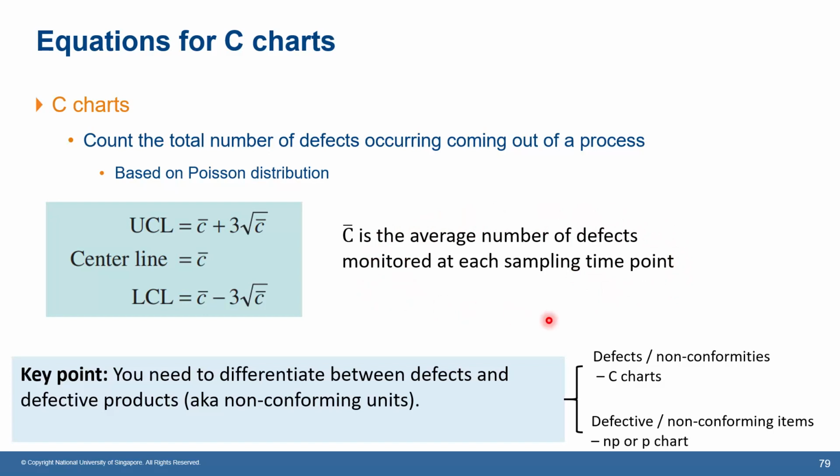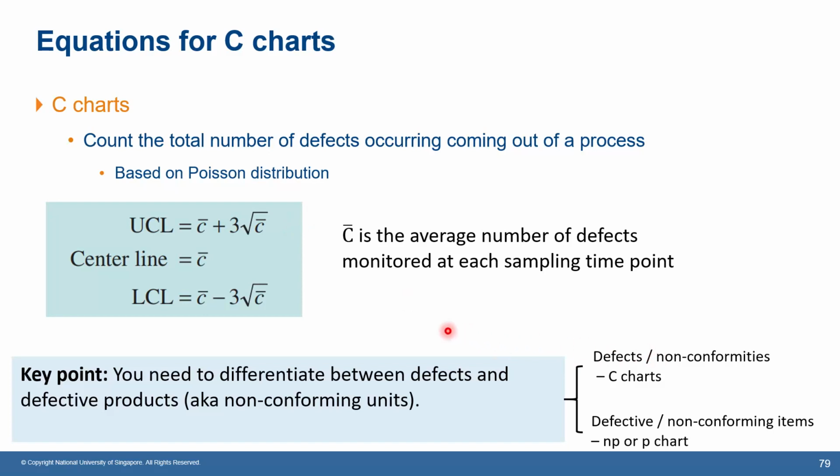So if on average your process produces, say, 2 defects per sampling time point, or per hour for example, then C bar will be 2. And then the upper control limit and lower control limit are quite simple, as shown in this equation.